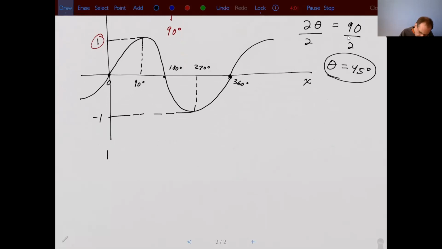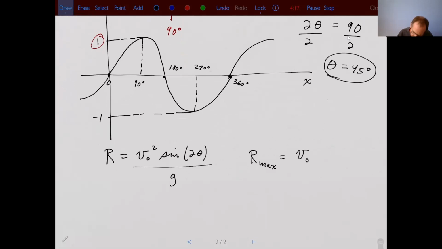So here, let me explain this one more time here at the bottom. I have R equals V naught squared sine of 2 theta over g. So if I want this to be a maximum, R max, then I want my angle to be 45 degrees. So I have 2 times 45 divided by g.